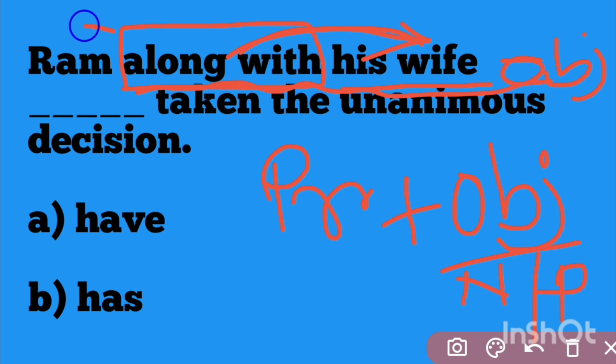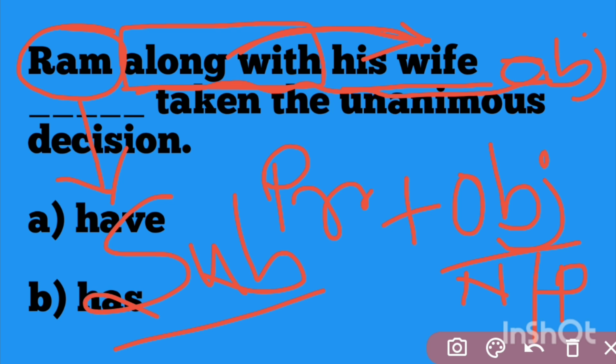So the most important part is Ram. This is the subject. That means we got our subject. And if we think about the nature of this subject, it is not first person, it is not second person, so obviously it is third person.